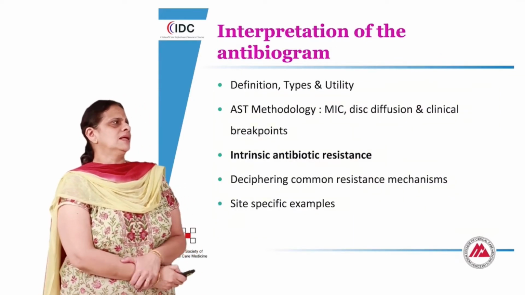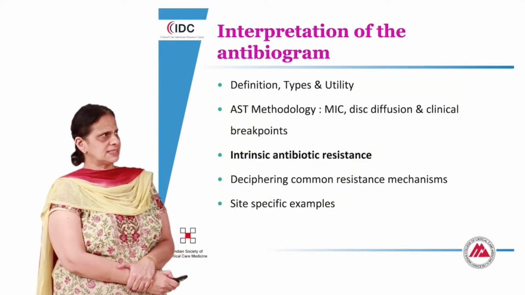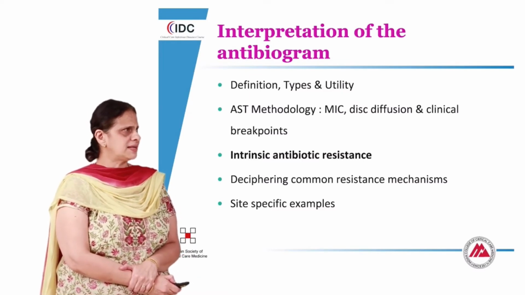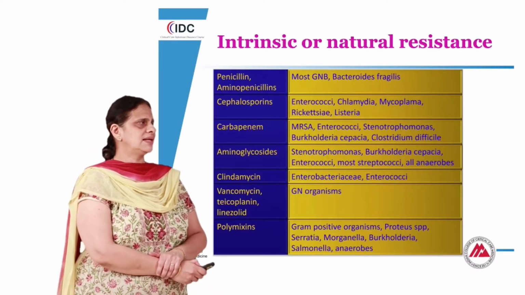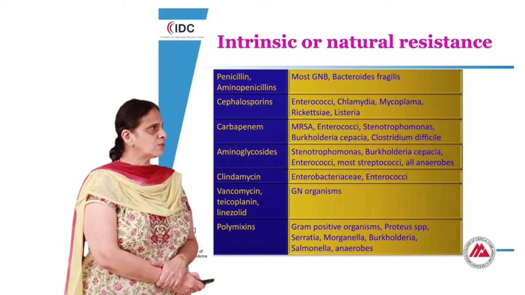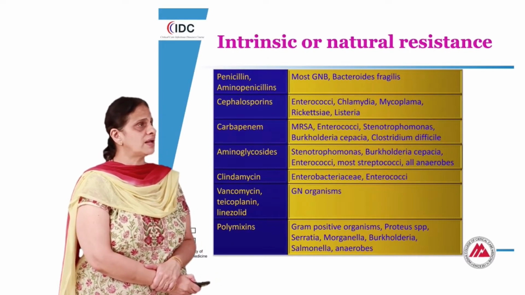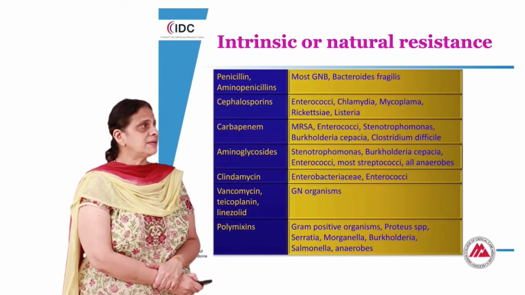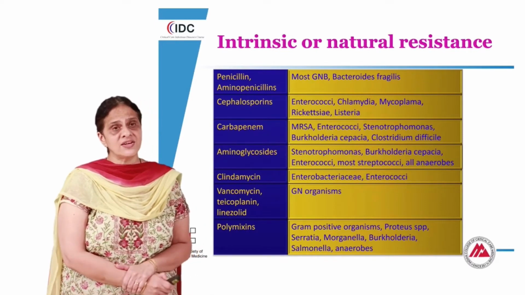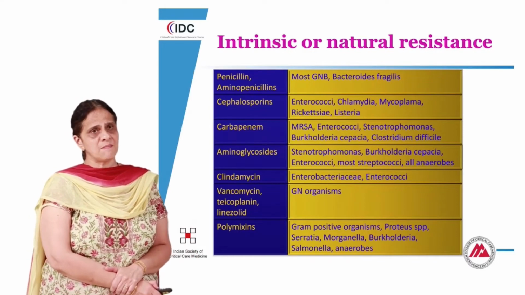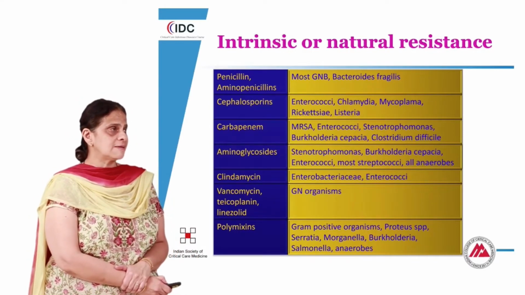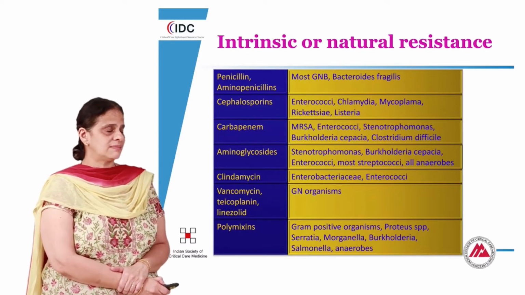Okay? Now coming to intrinsic antibiotic resistance. Intrinsic or natural resistance applies to a lot of antibiotics. It's defined for the penicillins and the cephalosporins, which are intrinsically resistant to enterococci, rickettsia, and listeria. The carbapenems, I think each one of you needs to know every word about the carbapenems, because that is our mainstay antibiotic in the intensive care unit, are resistant to MRSA and enterococci.